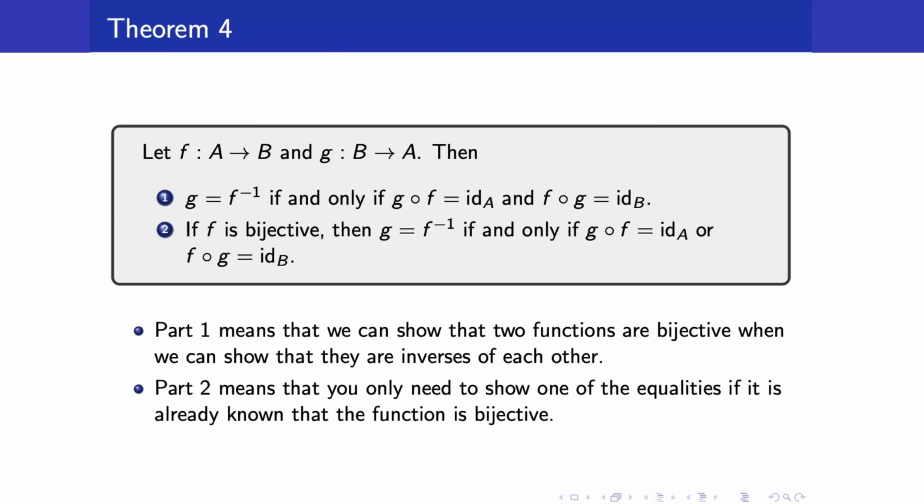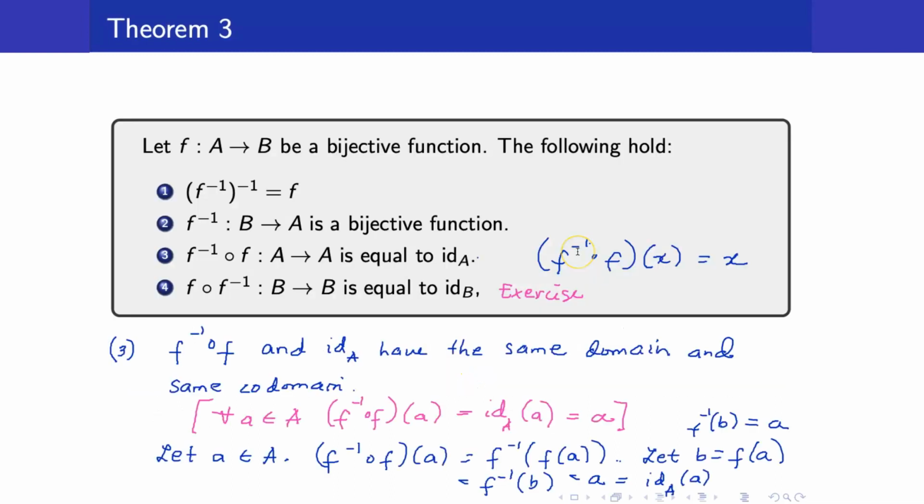Okay, now part 1 also says that we can show that two functions are bijective when we can show that they are inverses of each other. Because if they are inverses of each other, then definitely the two functions must be bijective. Now, the first part actually follows from 3 and 4.